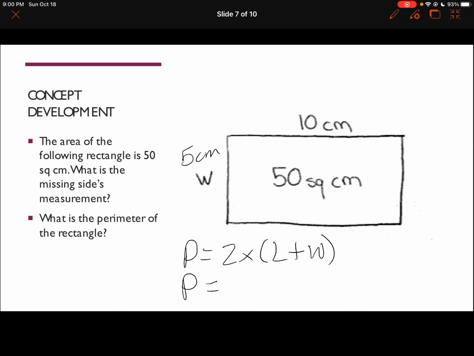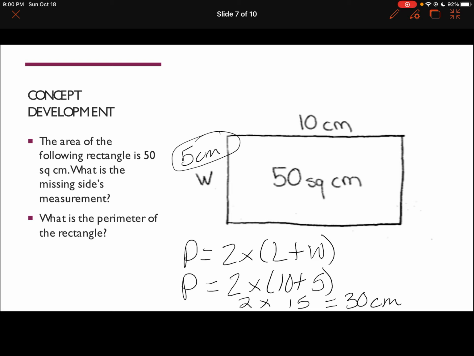So if we just plug in our numbers here, 2 times 10 plus 5, okay? 10 plus 5 is 15. 2 times 15. This is just repeated addition. It's 15 plus 15. When you add 15 together 2 times, we get 30 centimeters. So our perimeter is 30 centimeters, and our missing side for area is 5 centimeters.